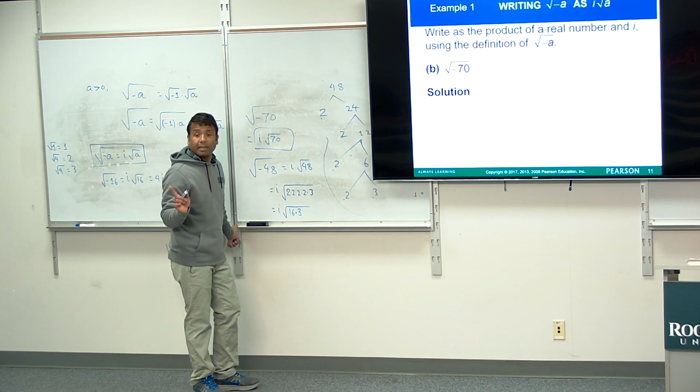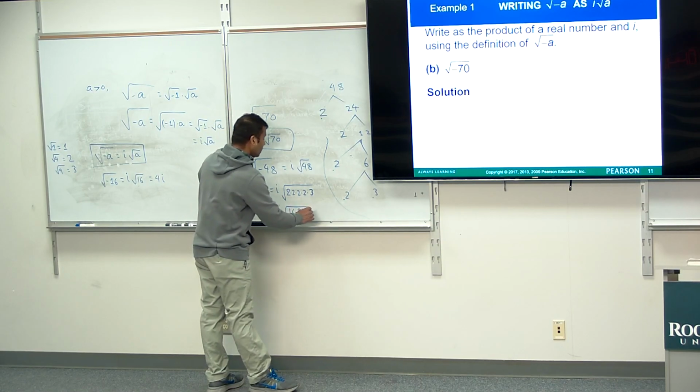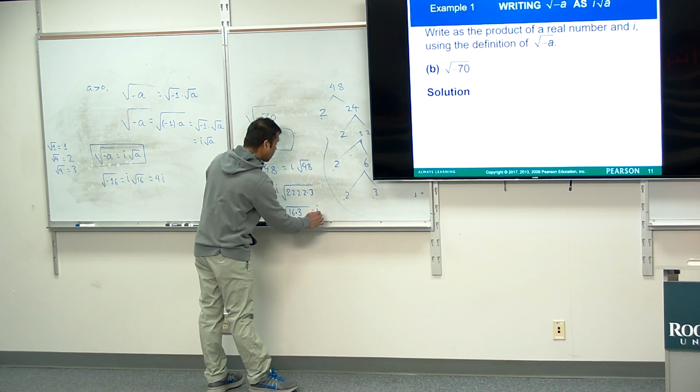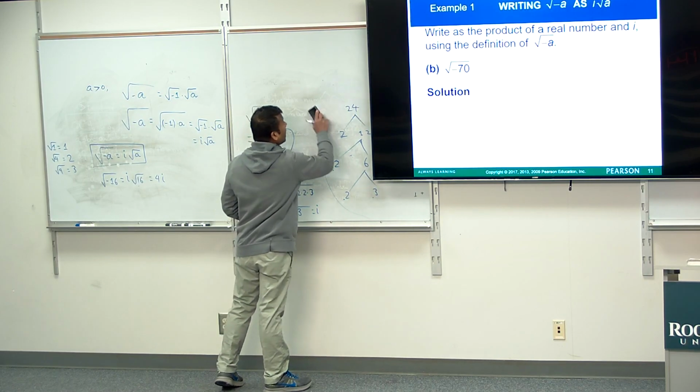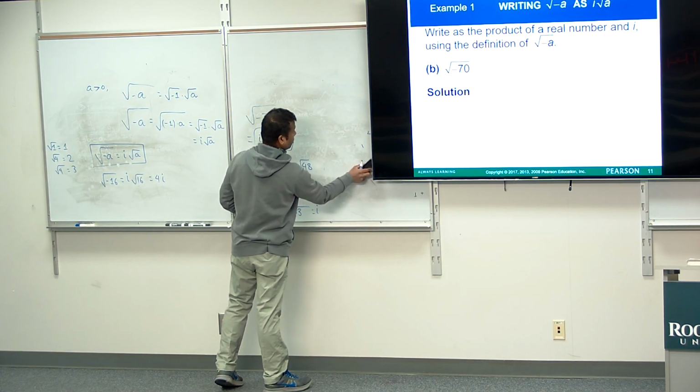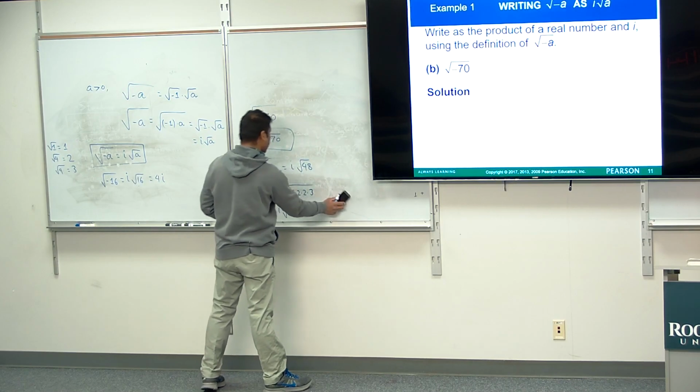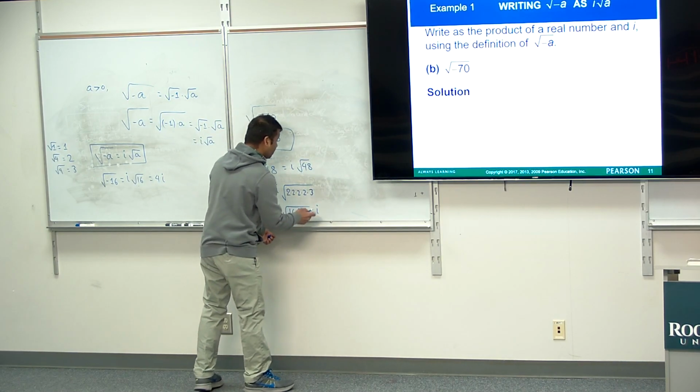Make sense? Now, this is the same as i times the radical of 16 times 3, so under the radical sign we have 16 times 3.